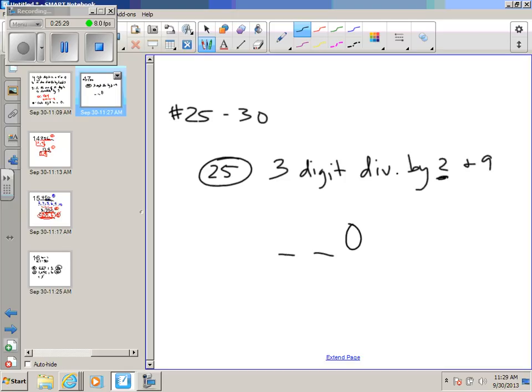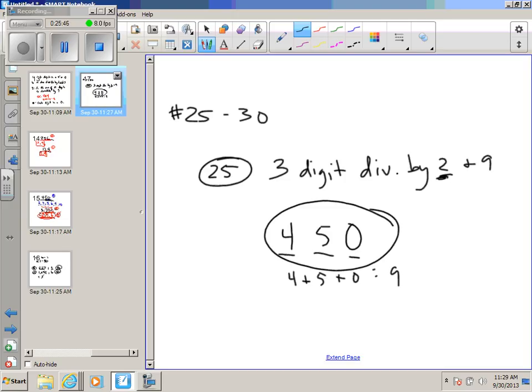She says a 4 and a 5. Let's double check. It's even, so I'm covered with the 2. And 9. 4 plus 5 plus 0 equals 9. Is 9 divisible by 9? 450, good choice. Is 450 the only choice?